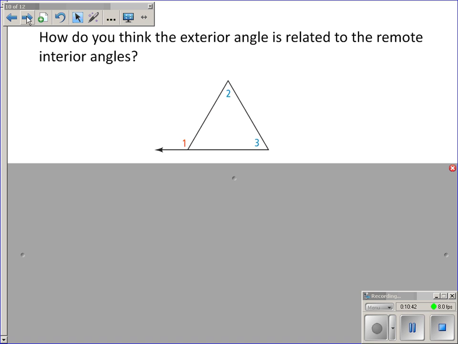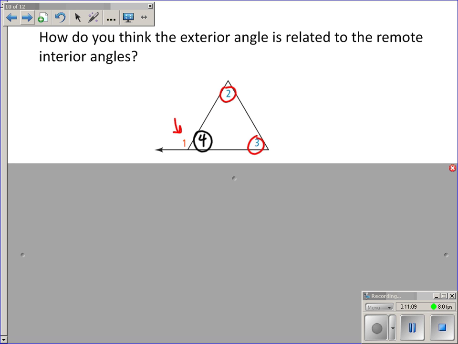So the question is, how do you think the exterior angle is related to the remote interior angles? So how is this related to these two together? Okay, and if you think about, well, whatever the measure of this angle is, then the measure of angle 2 plus the measure of angle 3 plus the measure of angle 4 is 180 degrees.